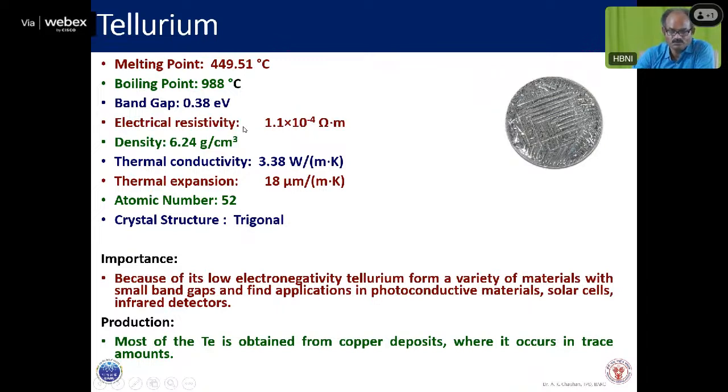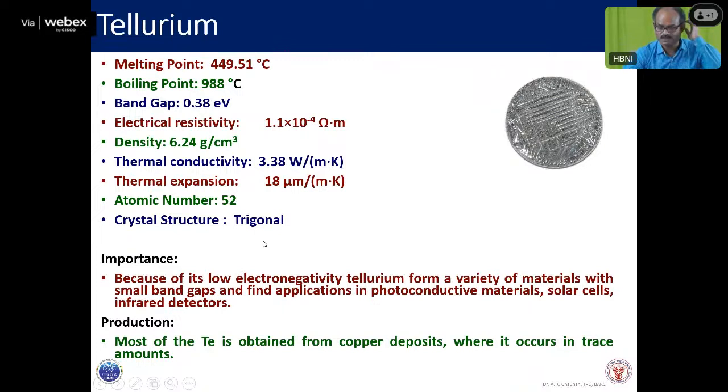So at room temperature it behaves almost like a conductor, and the electrical resistivity is 1.1 times 10 to the power minus 4 ohm meter. Density is 6.24 gram per centimeter cube. Thermal conductivity is this, thermal expansion is this, and the atomic number is 52.